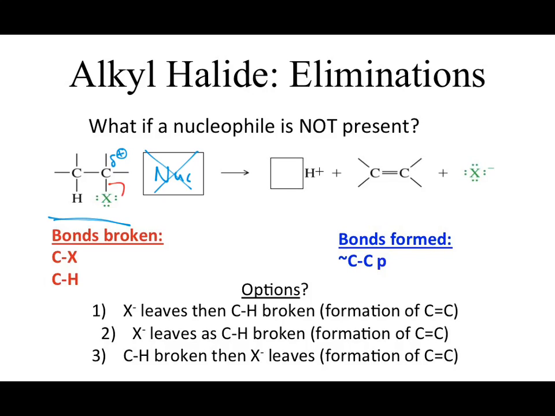We formed a double bond, and we also had H plus formed. That H plus only had one source or one location. Where did that hydrogen come from? Our other carbon, so we can highlight that in red here.